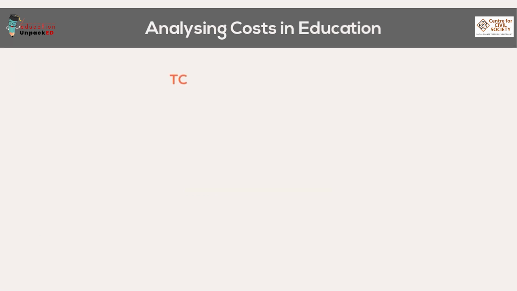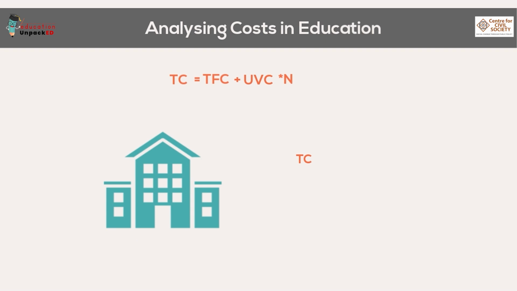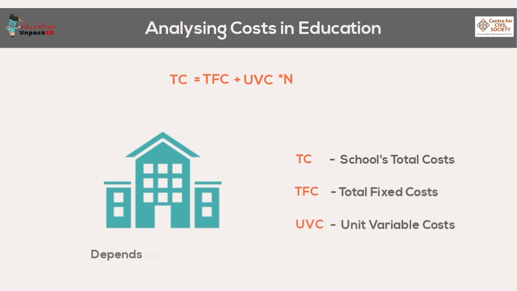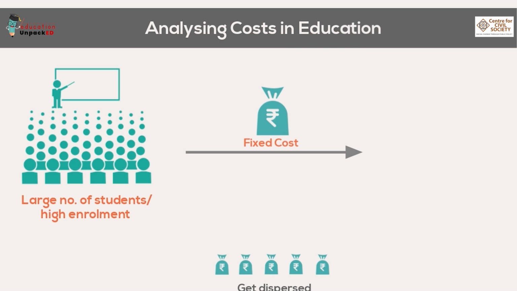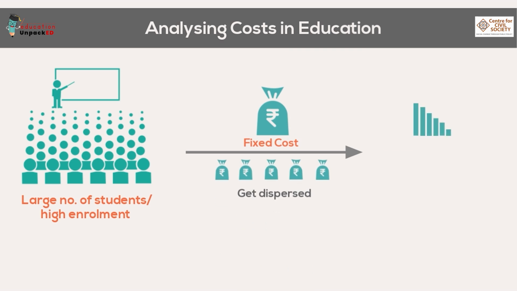TC is equal to TFC plus UVC multiplied by N, where TC is the school's total costs, TFC is total fixed costs, UVC is unit variable costs, which can depend on the number of enrollments or size of the school, shown as N. When a school has a large number of students or high enrollment, its fixed costs get dispersed, and it brings down the overall costs.